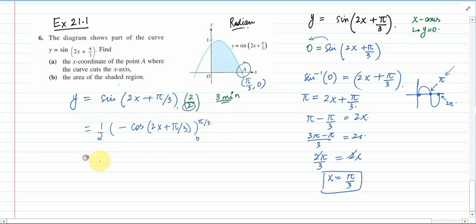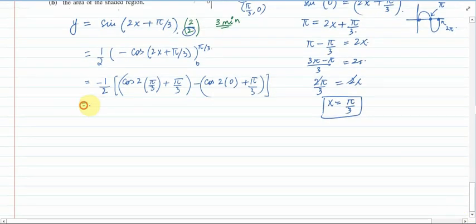Now it is equal to minus 1 over 2 times cos of 2 times the value of x, which is pi over 3, plus pi over 3. That is my upper limit, minus cos of 2 times the lower limit 0, plus pi over 3. Now I need to solve this expression.